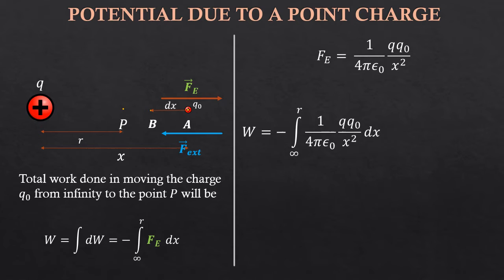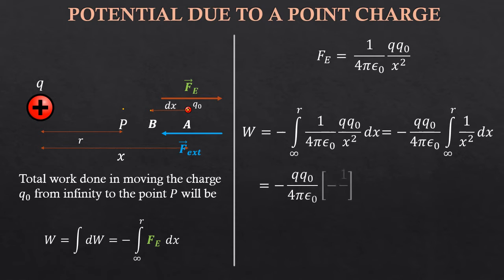In this, the variable is x. All other quantities are constants, so we can take them out of the integration. So W will be equal to minus Q Q naught divided by 4 pi epsilon naught into integral infinity to R 1 by x square dx. We know the standard result, integral 1 by x square dx is minus 1 by x. So this will be equal to minus Q Q naught divided by 4 pi epsilon naught into minus 1 by x.